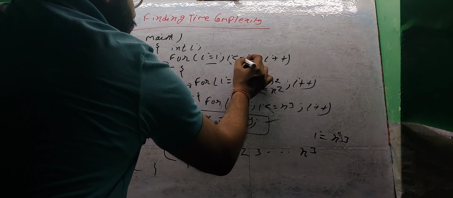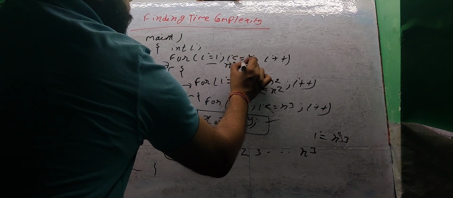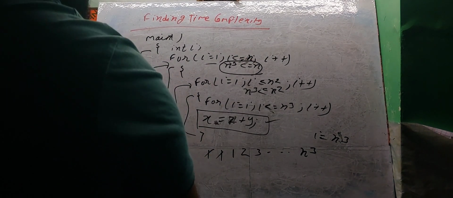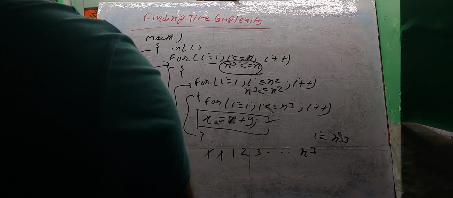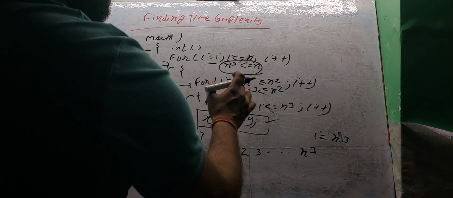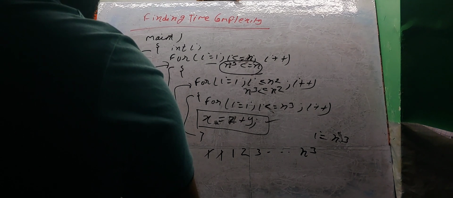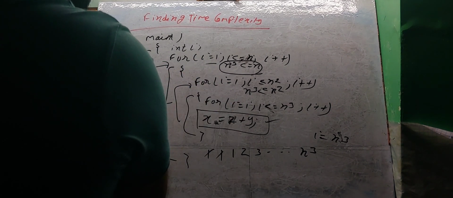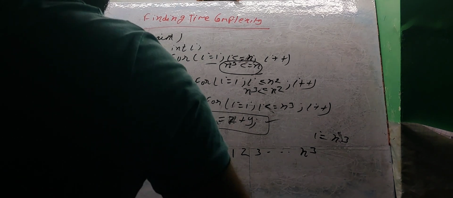Here n cube less than or equal to n is wrong, so the first loop will also be terminated. And this problem occurs because we use the same variable in all three for loops.